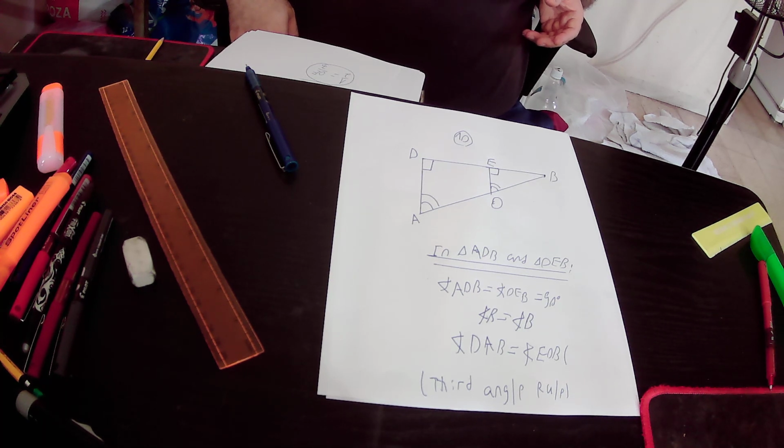That is to say, the third angle of the first triangle must also be equal to the third angle of the second triangle.